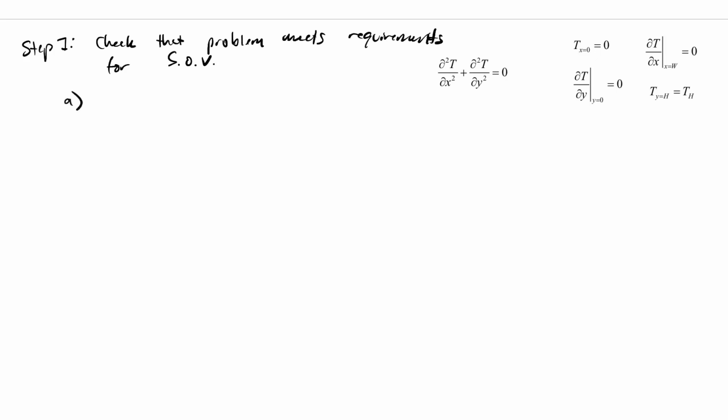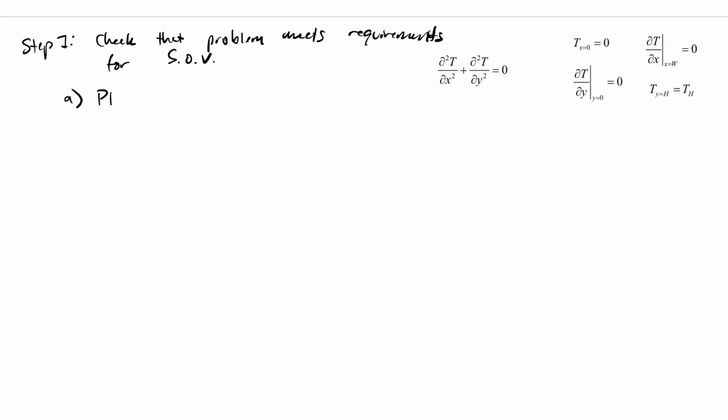So the first requirement is the PDE, the partial differential equation, and all BCs, all boundary conditions, must be linear. Linear, okay? Again, what does linear mean? It means you can't have a product of 2 variables or derivatives of those variables multiplying each other.